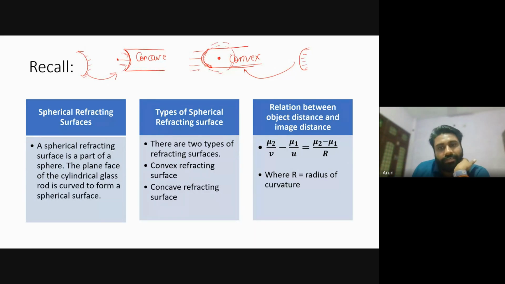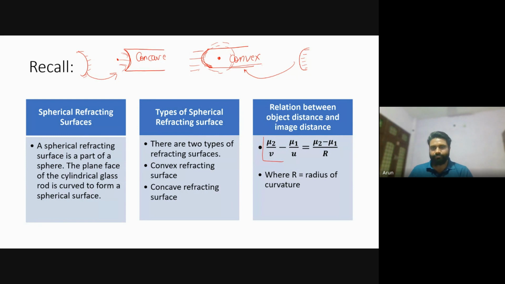In the previous lecture, we have done a derivation of it, and it is mu2 by v minus mu1 by u equals to (mu2 minus mu1) by R, where mu2 is the medium into which the ray is going, and mu1 is the medium from where the ray is coming.